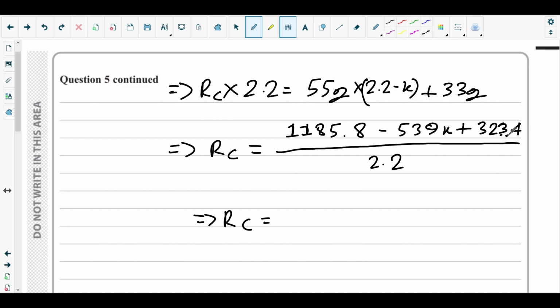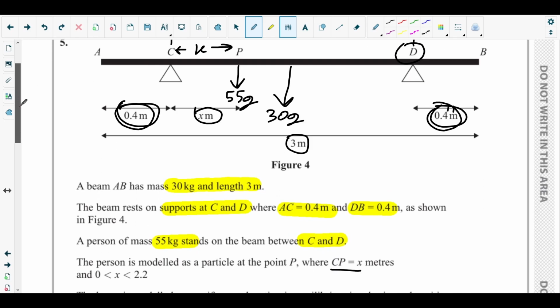So 1509.2 over 2.2 would give you 686 exactly. 686 minus 539 over 2.2 is basically 245x, and that's what the question in part A has asked to show, right?